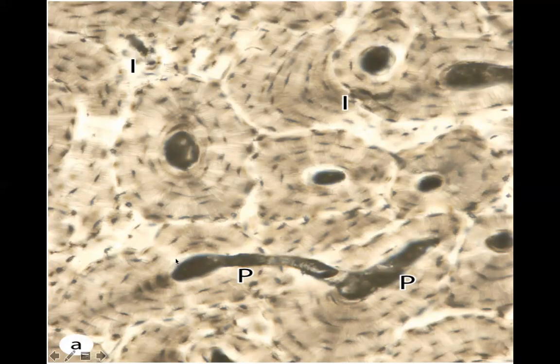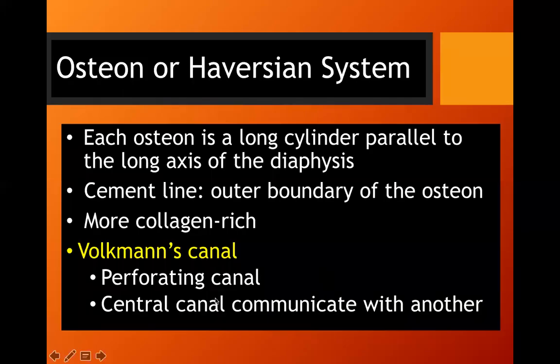They communicate one Haversian system to another Haversian system. But if you look closely here, if one osteocyte communicates with another osteocyte, it is your bone canaliculi. If it is one central canal or one Haversian system to another Haversian system, it is called your Volkmann's canal, or perforating canals.